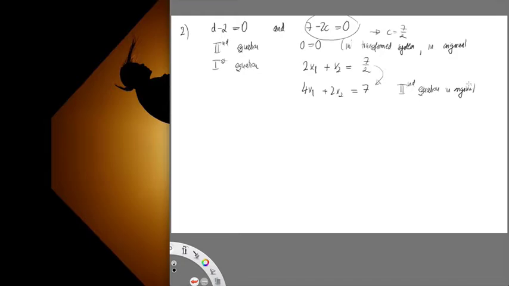Okay. So I have infinitely many solutions. x1, x2, and they're all on this line, 2x1 plus x2 is equal to 7/2. So I have one equation, two unknowns. And that's what we call an underdetermined system.